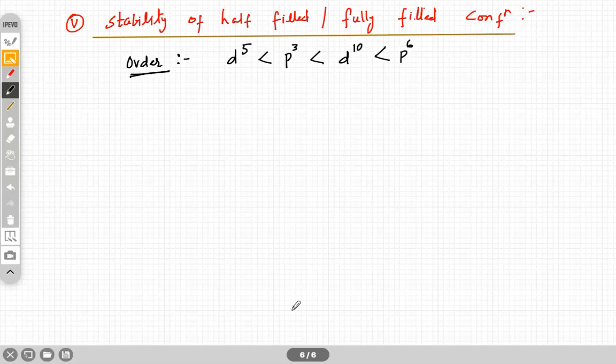So these are the few factors we have which affect the ionization energy, right? You must remember these factors when you get the question. You have to think of all these factors depending upon the question, and then you can write down the answer.